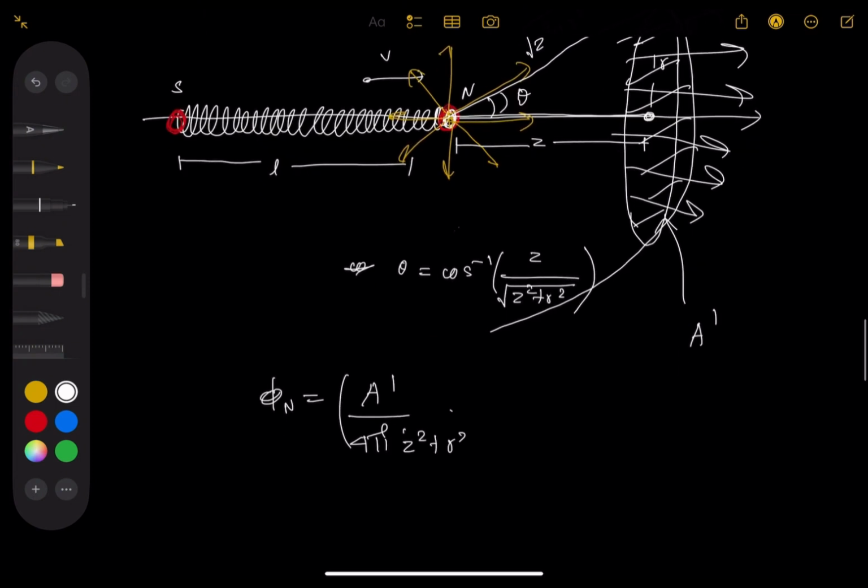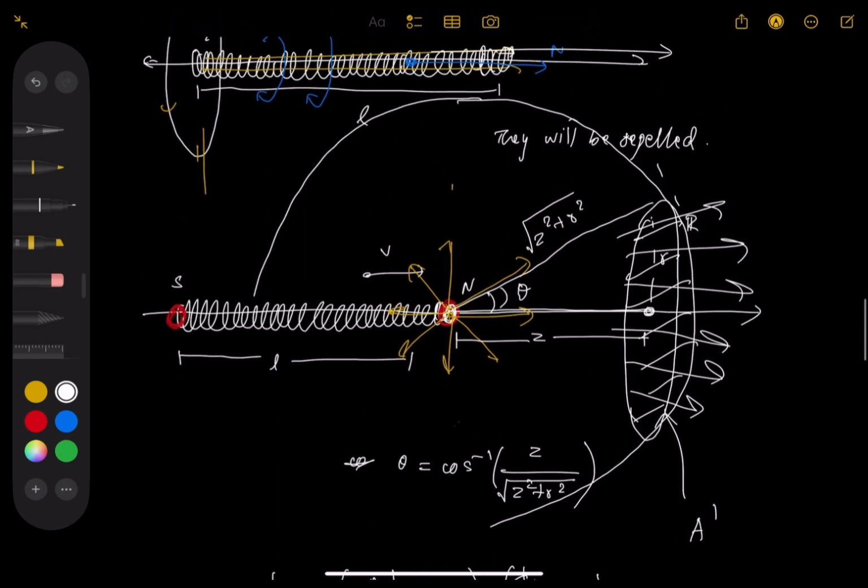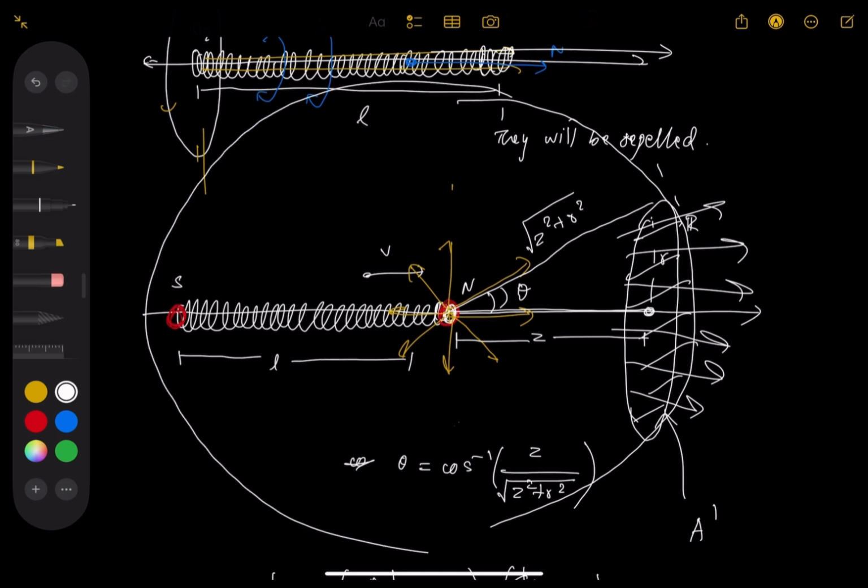That is what that is going to be, times the total flux. The total flux is the total flux throughout this sphere, actually. Just complete that sphere and evaluate that total flux.